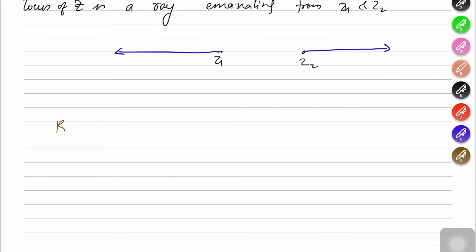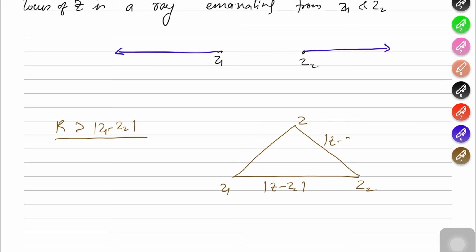What if K is greater than mod of Z1 minus Z2? Let's see what is happening here. So this is Z, this is Z1, this is Z2, this is Z1 minus Z2, this is Z minus Z1.